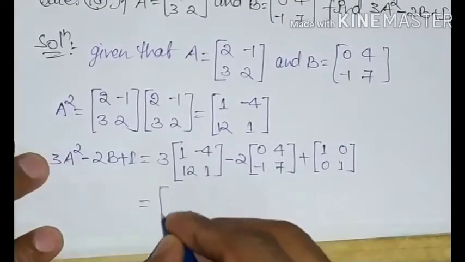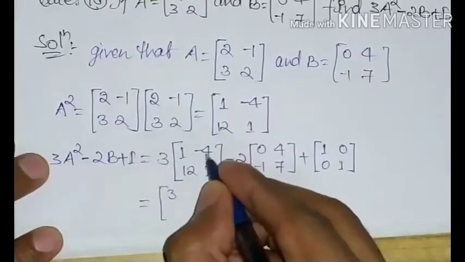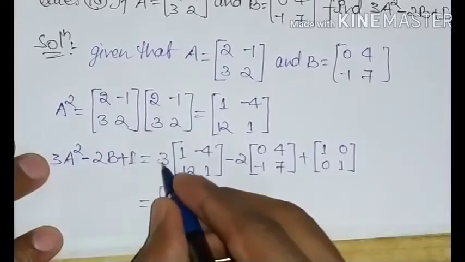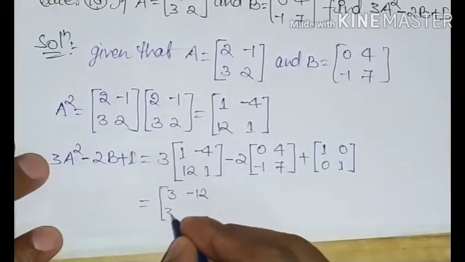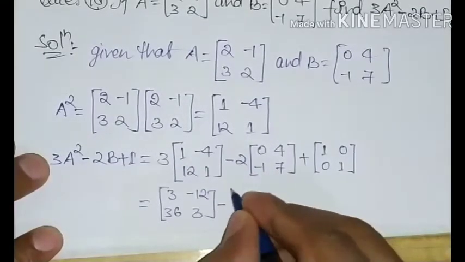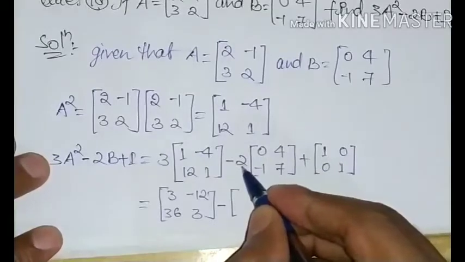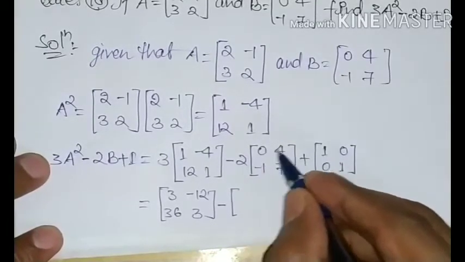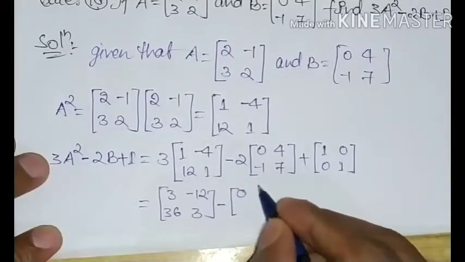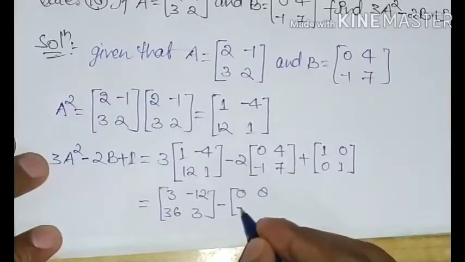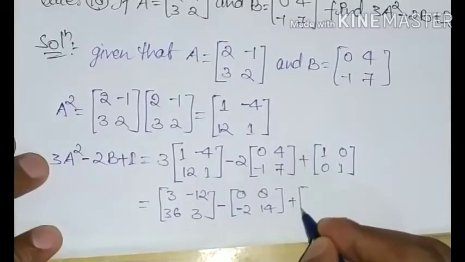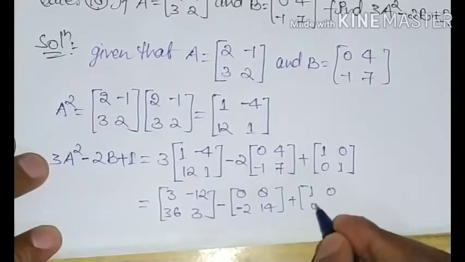Now it will be equal to 3 1s are 3, 3 -4s are -12, 3 into 12 is 36, 3 into 1 will be 3, minus, I'm going to multiply each term of matrix B by 2, so 0, 2 4s are 8, 2 times -1 is -2, and 2 7s are 14, plus 1 0, 0 1.